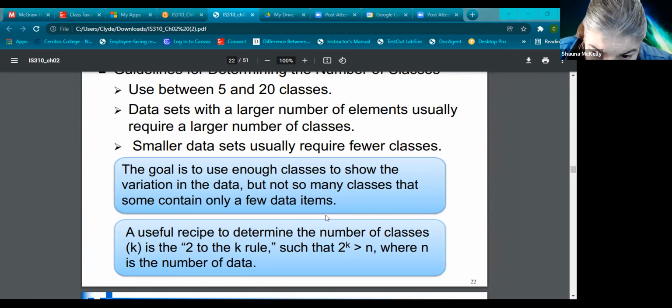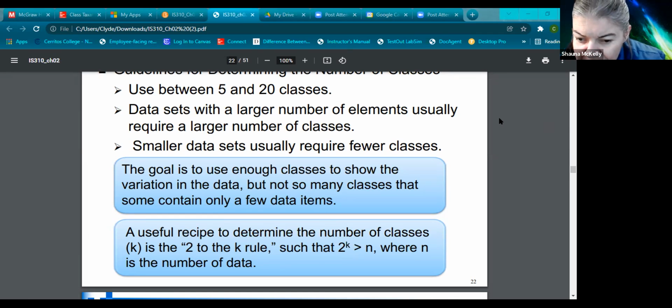A useful recipe to determine the number of classes, K, is the 2 to the K rule, such that 2 to the K is greater than N, where N is the number of data. So it's kind of interesting because in every other book that I've seen, except for one teacher who's taught this, they usually tell you how many classes they want, or it's an arbitrary sort of decision, somewhere between 5 and 20.